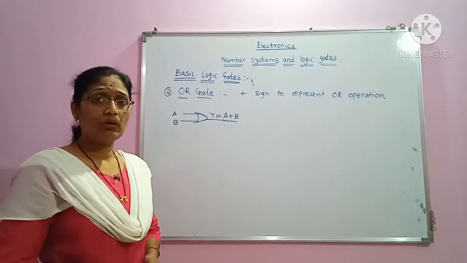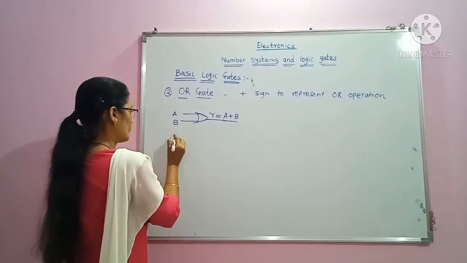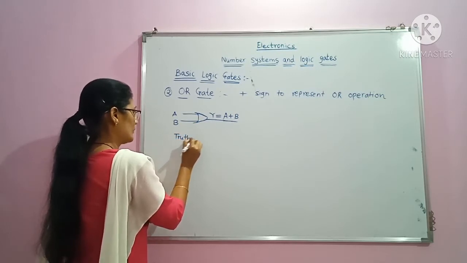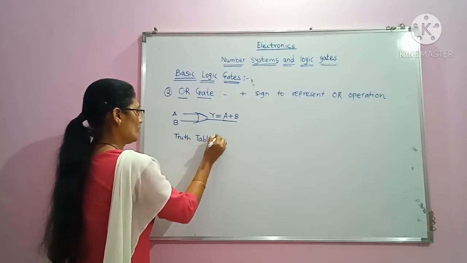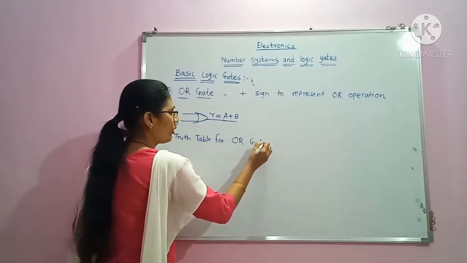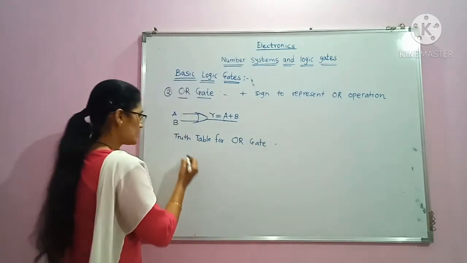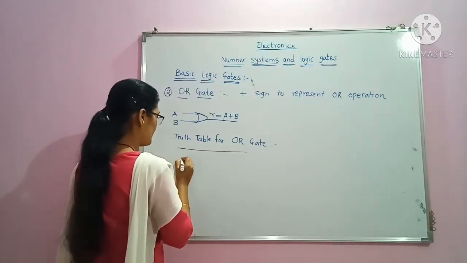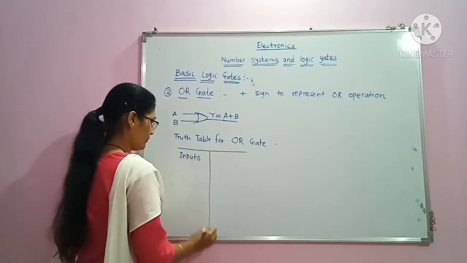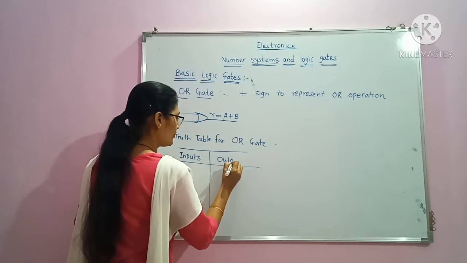Then I have to draw a truth table representing the OR gate. The truth table for the OR gate or OR operation consists of two inputs, and it will give us the respective outputs.